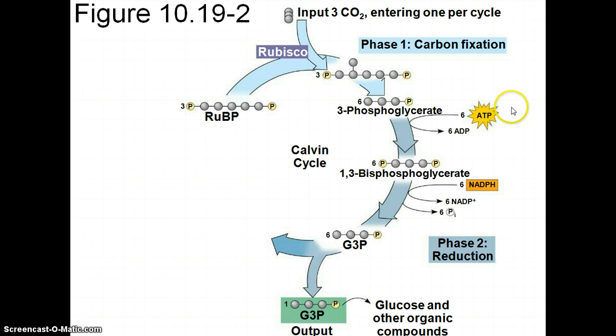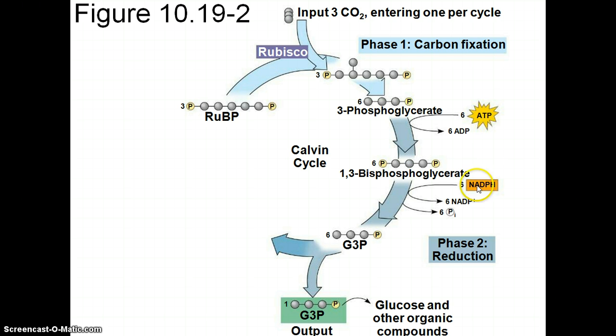The next phase, after we've fixed the carbon into an organic molecule by adding it to the RuBP, is phase 2, with a series of reduction reactions. Each of these reactions is going to require energy. So we end up needing a total of 6 ATPs in order to move 3 CO2s through the cycle, and we're going to need a total of 6 NADPH through this reduction phase.